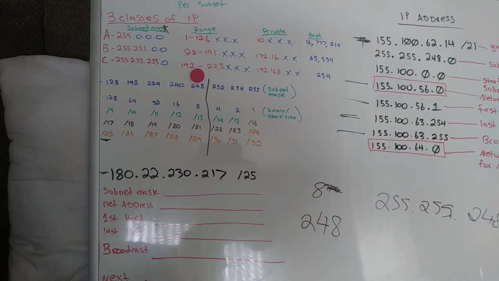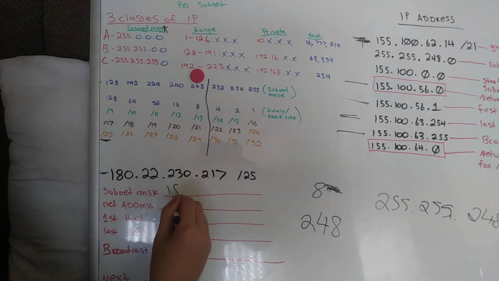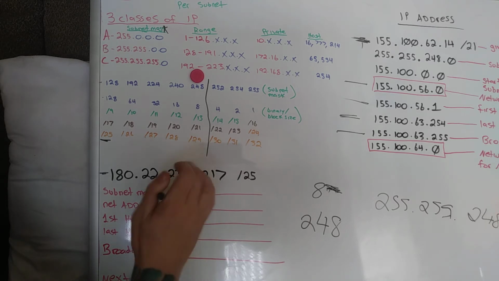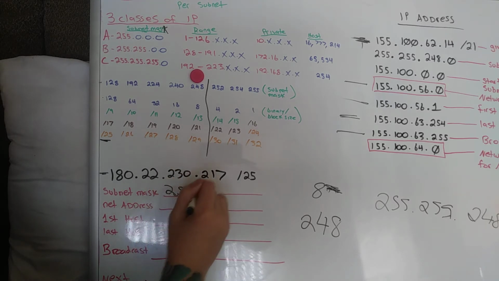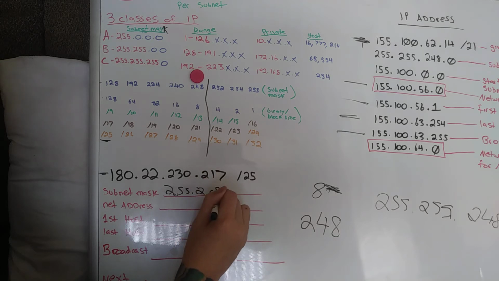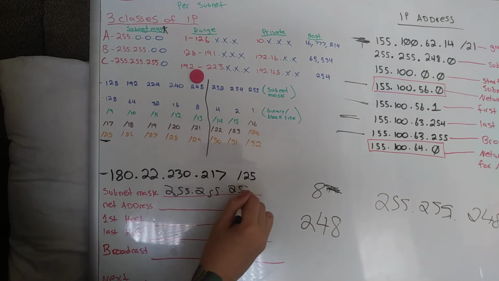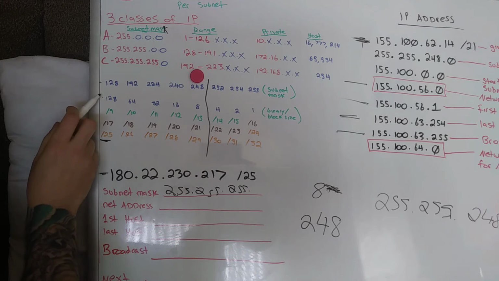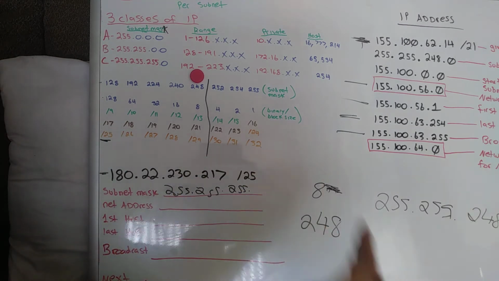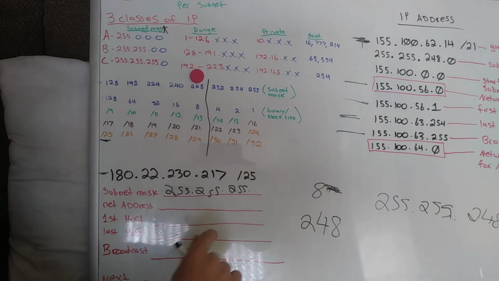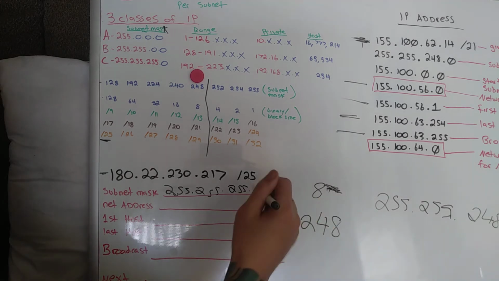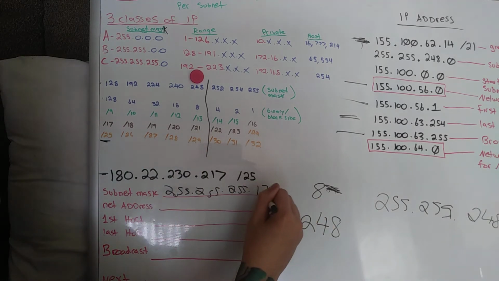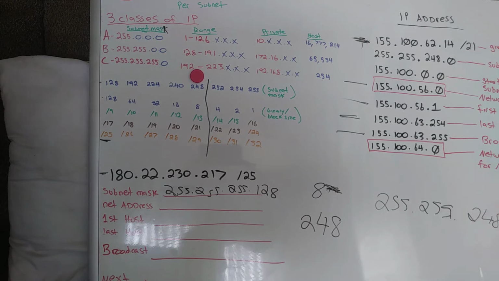So our subnet mask is going to be 255.255.255.128. That represents the 1 bit that we borrowed in the last octet, 128. My handwriting's horrible, sorry.